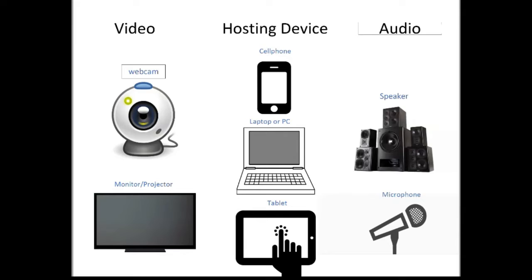So your cameras, your monitor, your projector are on the video side, and then on the audio side you have speakers and microphones. A lot of times these hosting devices for a single individual, like your phone, laptop, PC, or tablet, have all that included. But if you have a larger group of people in a facility, a lot of times they like to use a monitor or a projector.